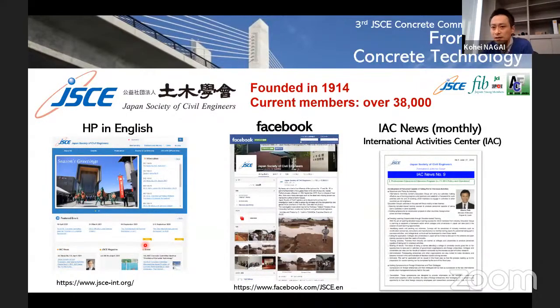Okay, to start, let me introduce the JSCE, Japan Society of Civil Engineers. This is one of the biggest academic and engineering societies in Japan. It was founded in 1914, so it has more than 100 years of history, and now has over 38,000 members.